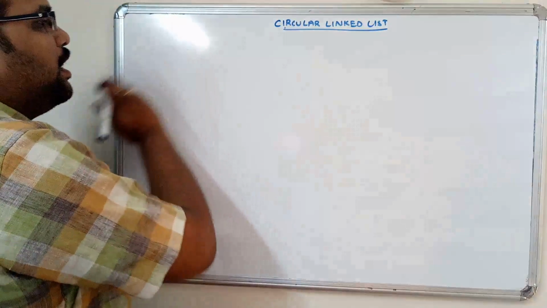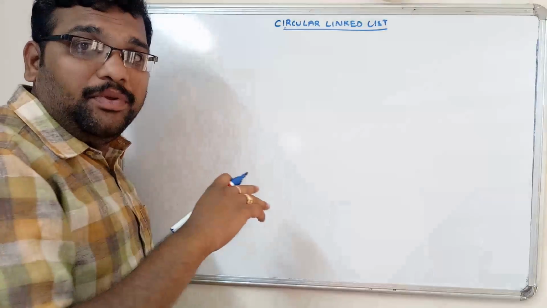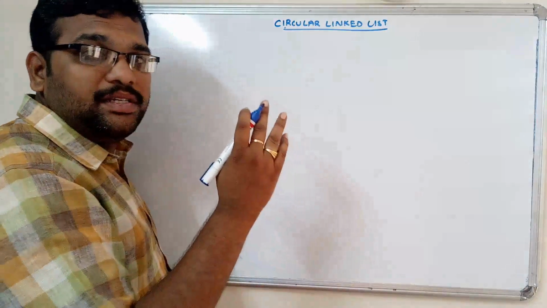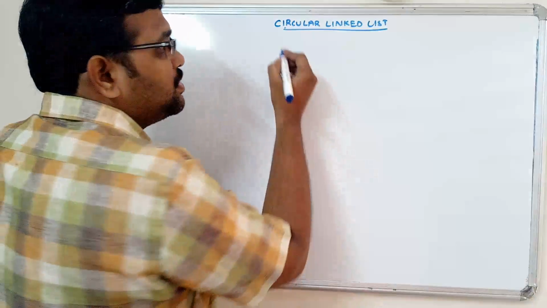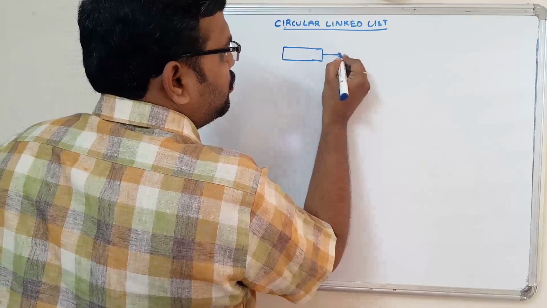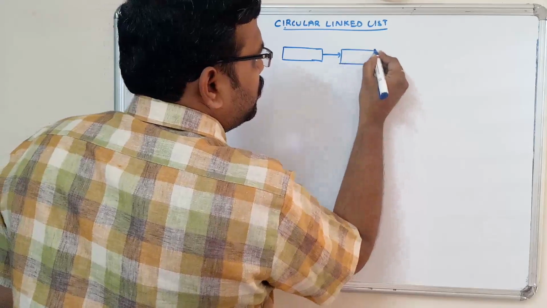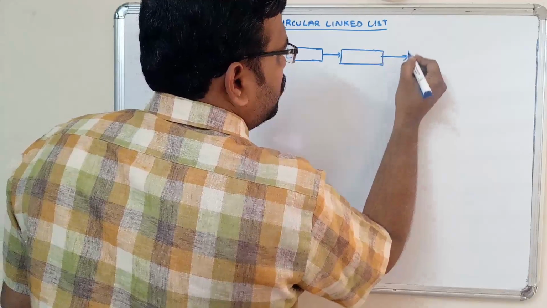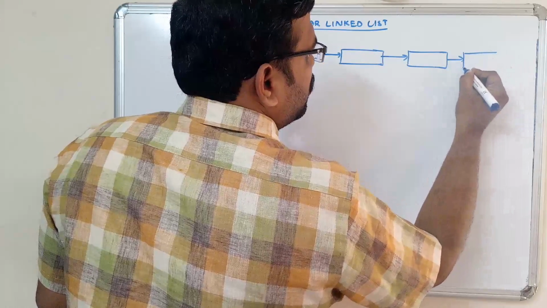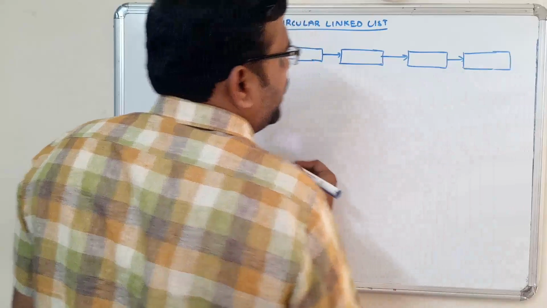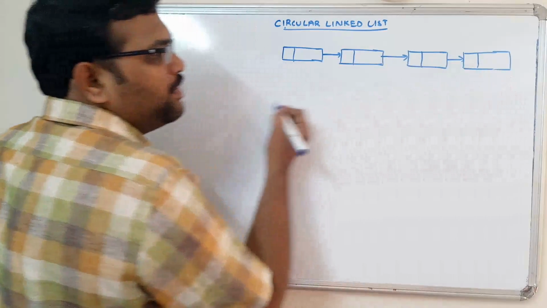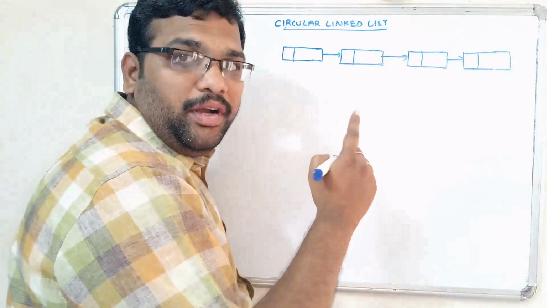Right. Circular linked list. Let us take an example and we will start the session. So let us take 4 elements, that is 4 nodes. We know that every node has 2 fields, one is data, another one is the pointer field.